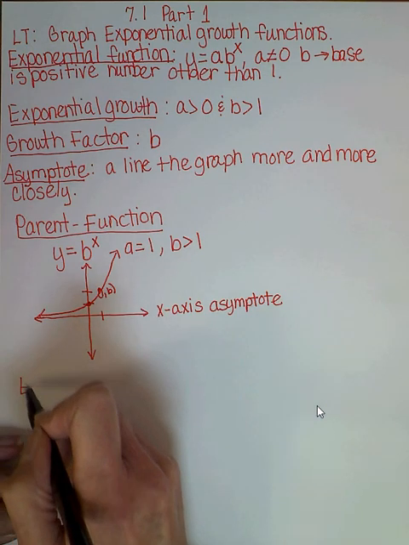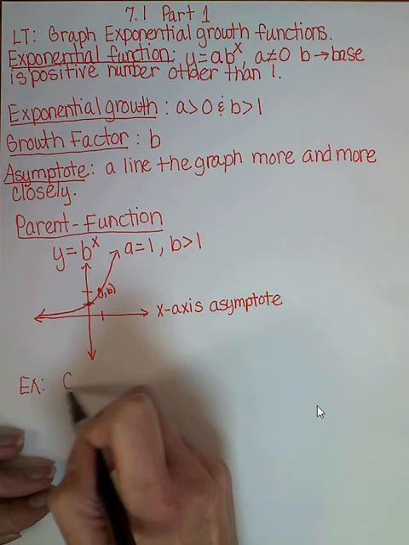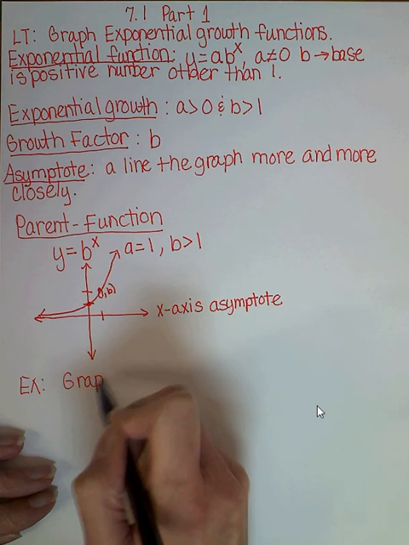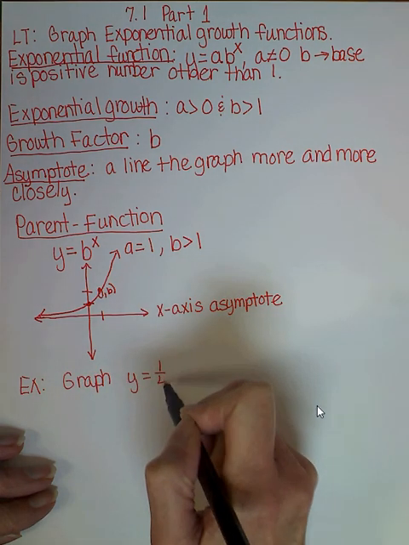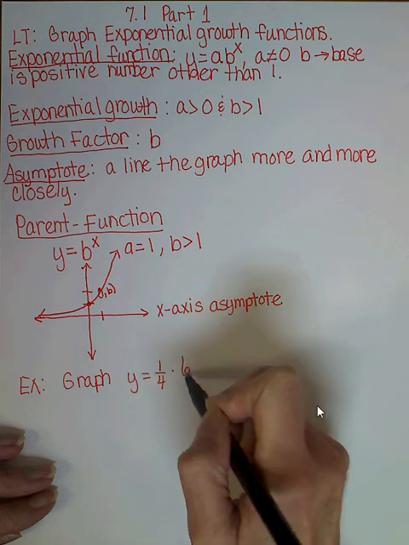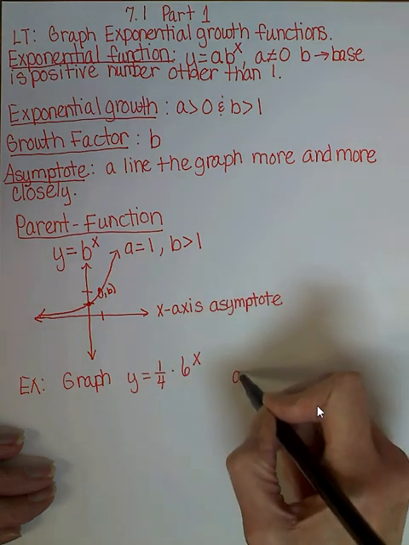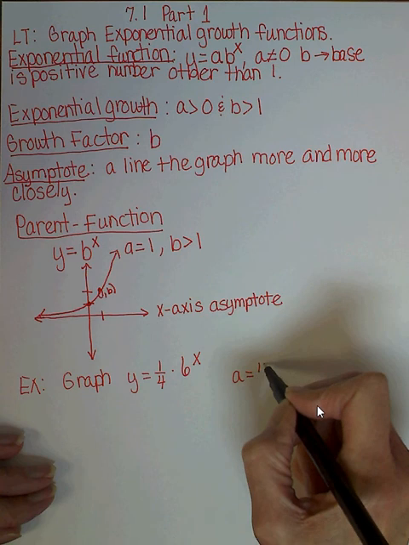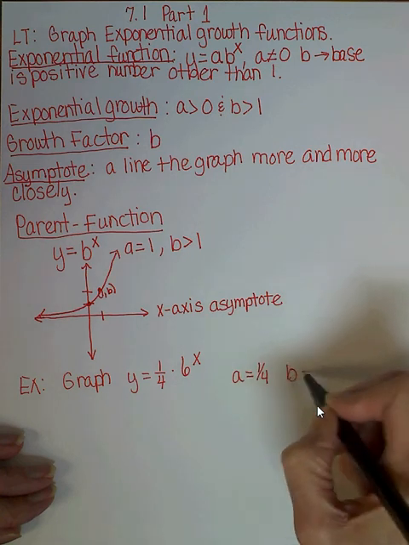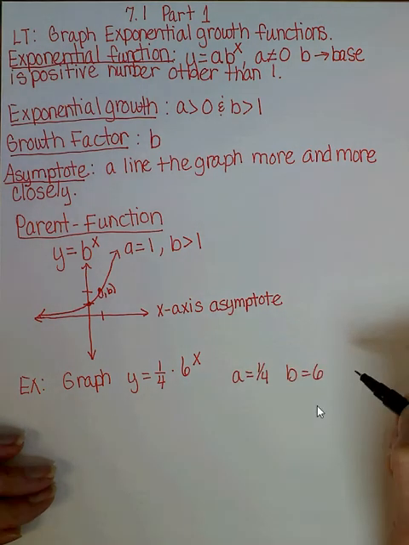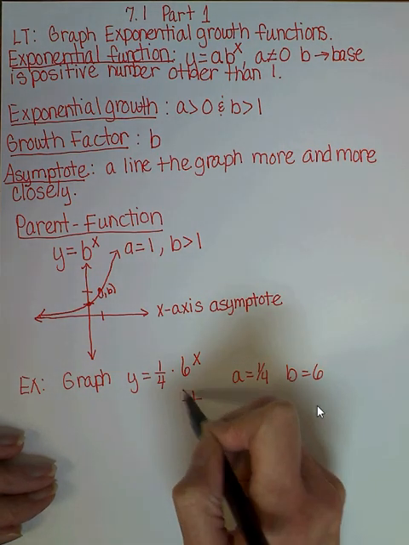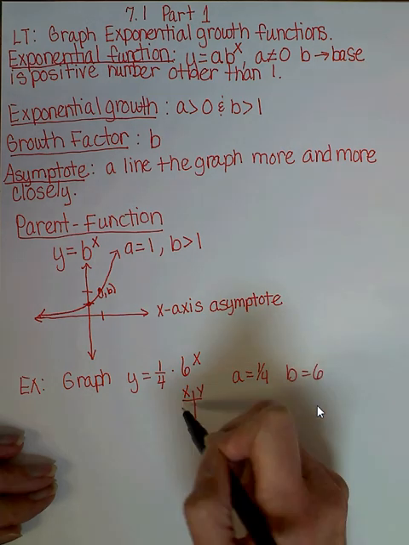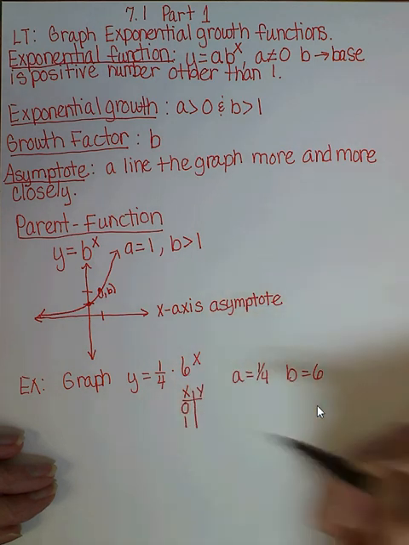So let's graph another one. Okay, in this one, our a value is 1/4 and our b value is 6. Okay, so you can make a very simple x-y table for these. And let's just plug in 0 and 1.